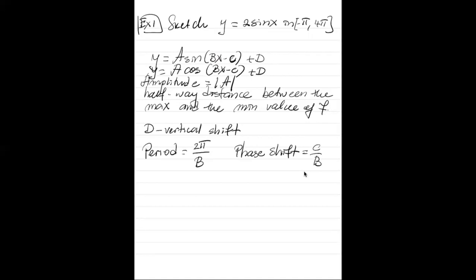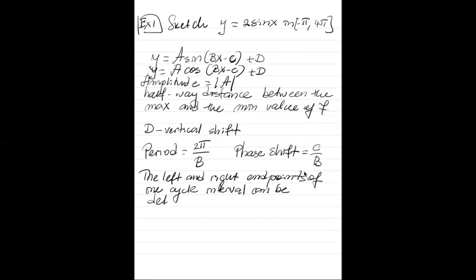So the left and right endpoints of one cycle interval can be determined by solving these two equations, bx minus c equals 0 and bx minus c equals 2 pi.